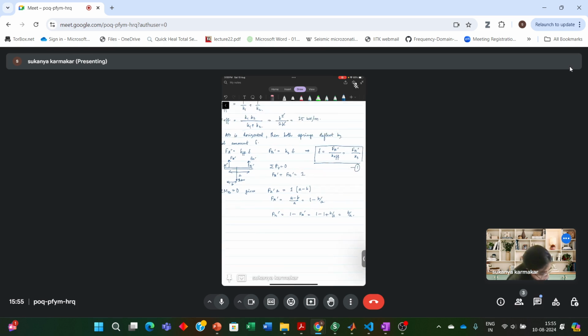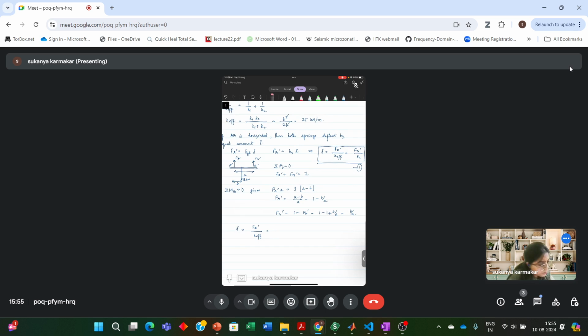And that delta is equal to Fa dash by K effective is equal to Fb dash by K3. So if I put in the numbers, Fa dash is 1 minus B by A, and K effective is, should I substitute K effective?